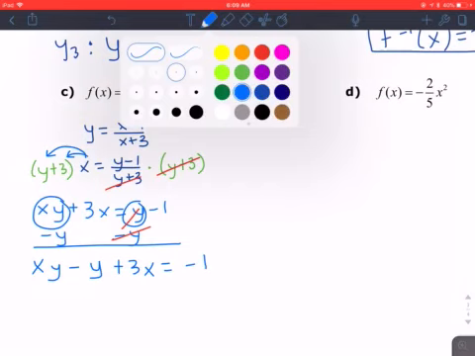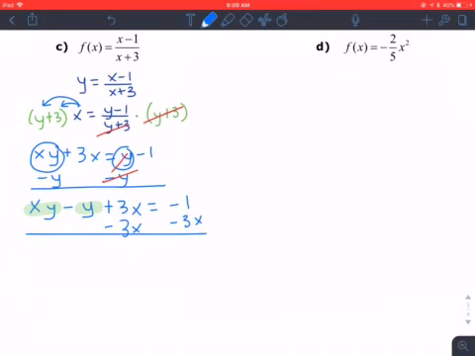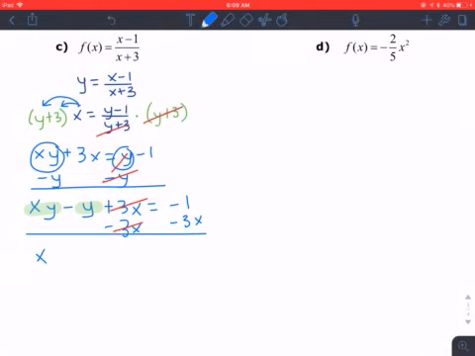Alright, and now I want to just have these two terms, so I need to move that 3x. So I'm going to subtract 3x on both sides. So on the left, I'm only left with my two y terms.